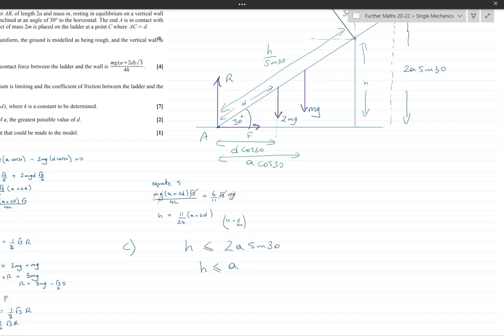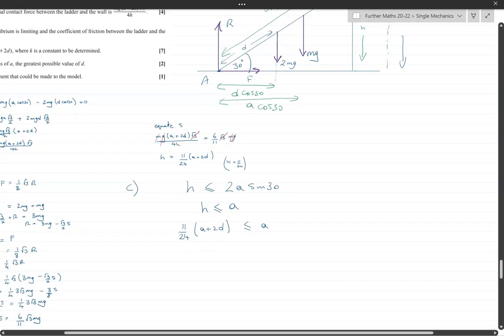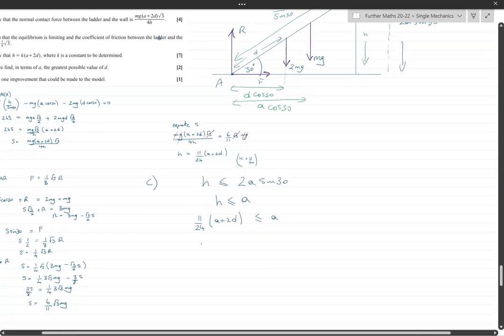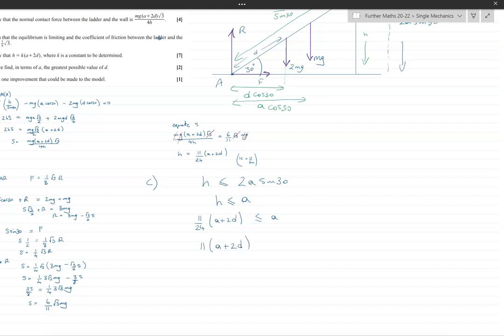And so we have 11 over 24 a plus 2d is less than or equal to a. Multiplying out, I get 11 a plus 2d will be less than or equal to 24a.